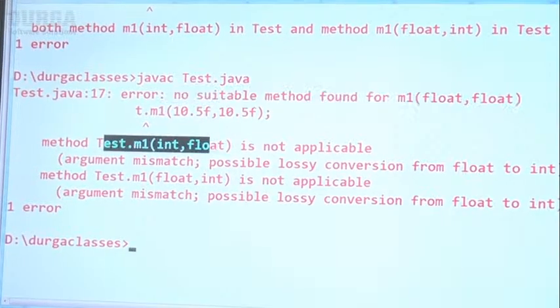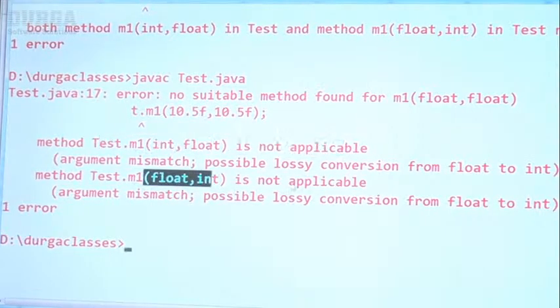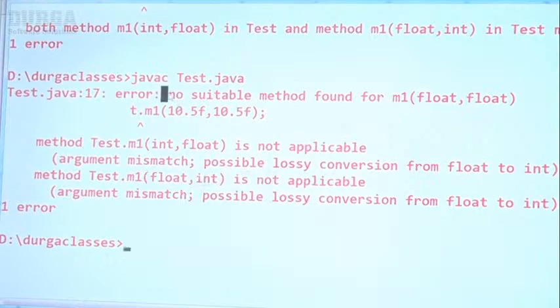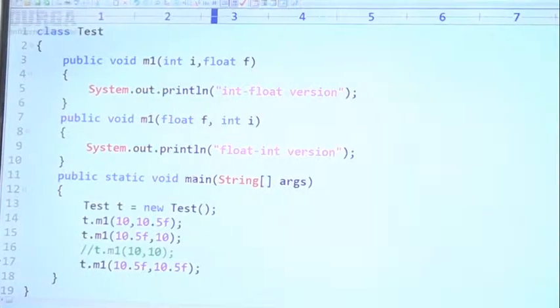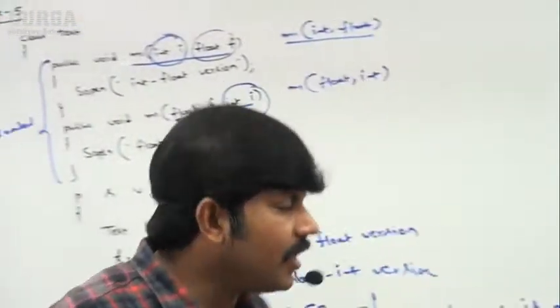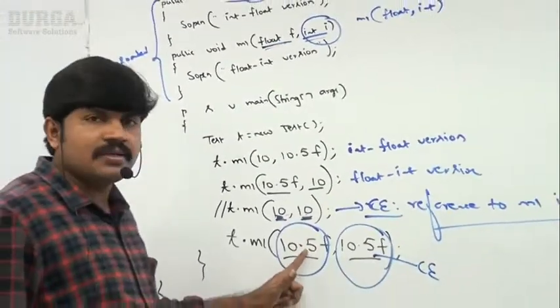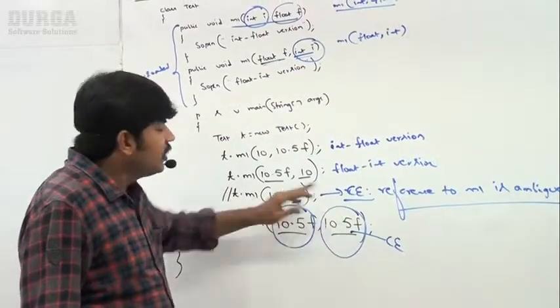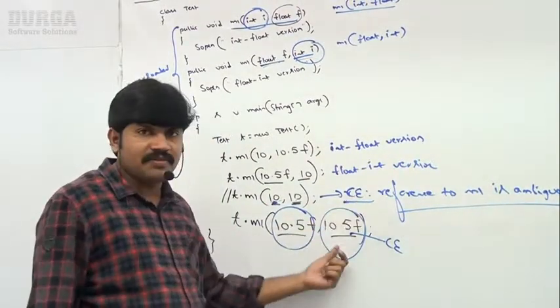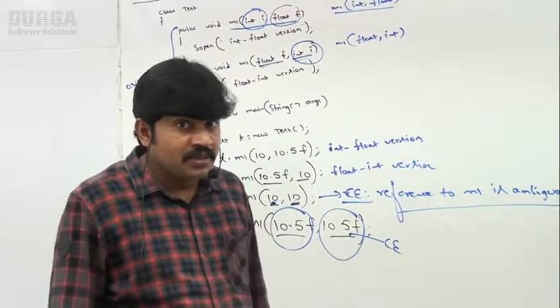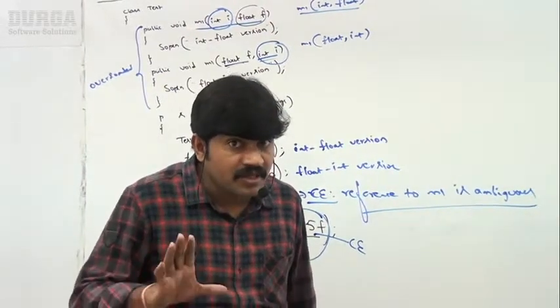Int-float is not applicable, float-int is also not applicable. That's why no suitable method found, and immediately it tells a compile time error. Everyone can understand? Because no method matched, it is invalid. In the earlier case both methods matched, that's why it is invalid. Sir, a very important case for the entire room. Take special care.